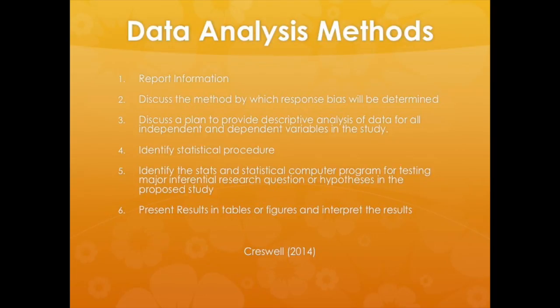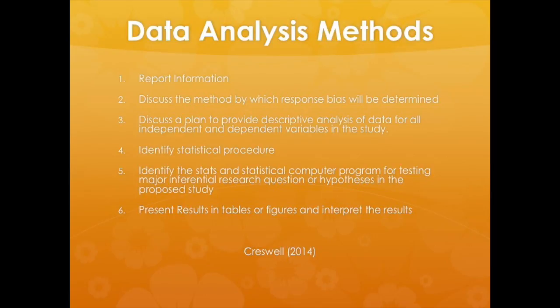Next, you have descriptive analysis. This in your paper is where you'll see a lot of numbers and percentages. So you have means, you have standard deviation, and then you have a range of scores for these variables. Creswell states that you have to assume that you are going to proceed beyond the descriptive approaches, and if the proposal contains an instrument with scales or a plan to develop scales, identify the statistical procedure.